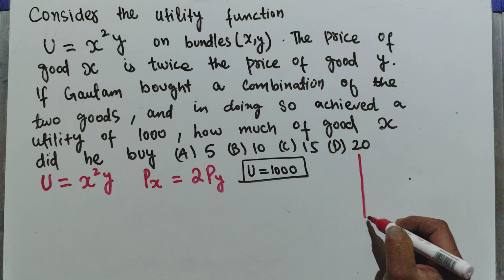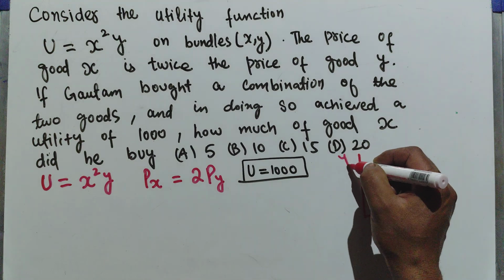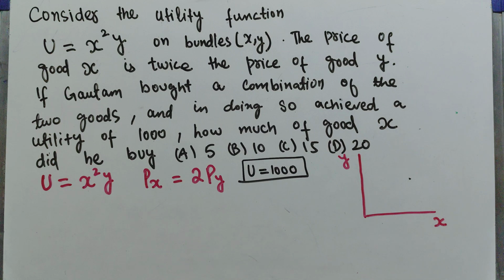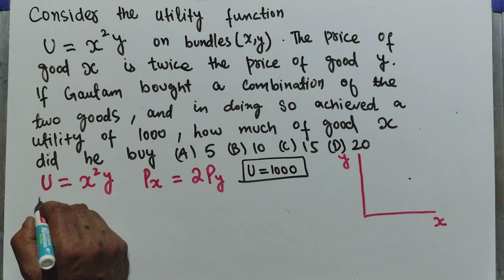So let's first draw the graph here. We have good x on the horizontal axis and good y on the vertical axis. We need to find out the optimal bundle of the consumer.